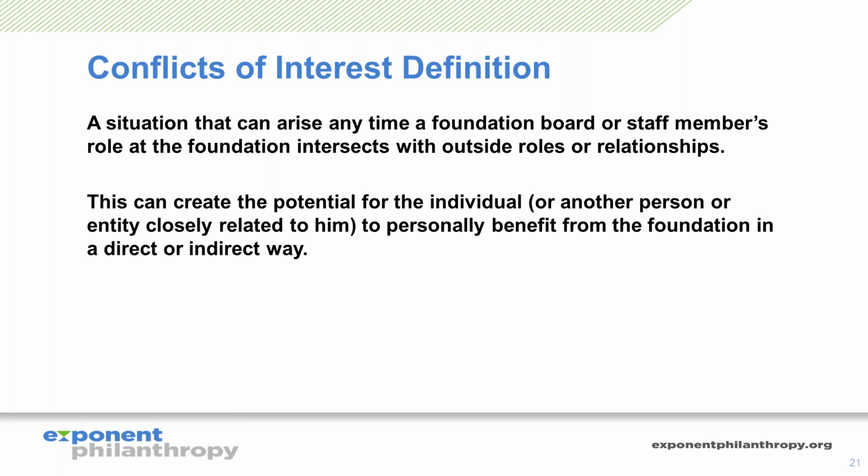Oftentimes, just pulling the data from Exponent, for example, will be sufficient. If the compensation is potentially high based on comparables, or you have sophisticated and complex benefit arrangements, incentive compensation, bonuses built in, which are all permissible, you might want the assistance of a compensation consultant who can tailor the comparability data and advise you what's market rate, what's standard, what other foundations are doing.